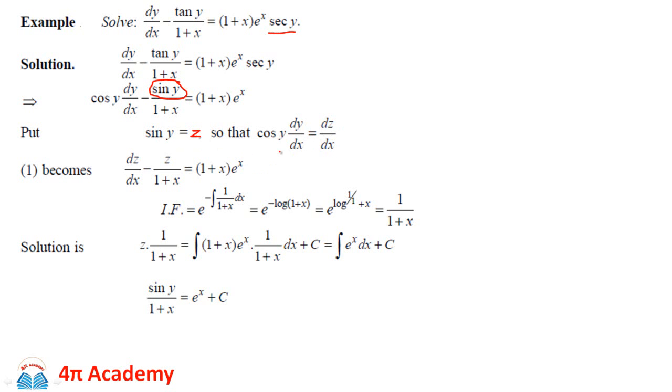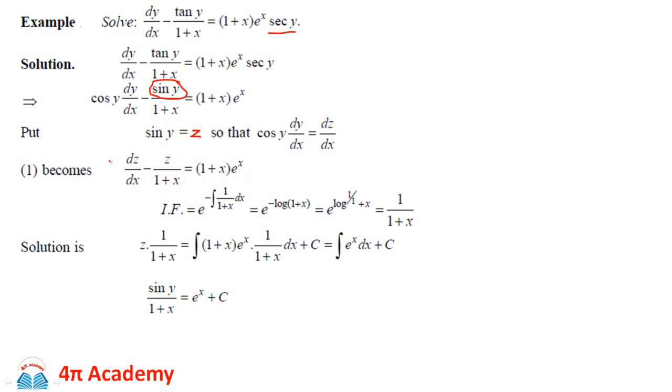So now we can use this cos y into dy by dx as dz by dx. So this equation becomes dz by dx minus z divided by 1 plus x, and this is equal to 1 plus x into e raised to power x.